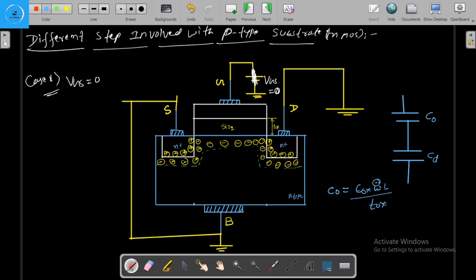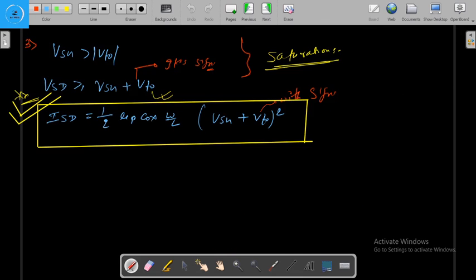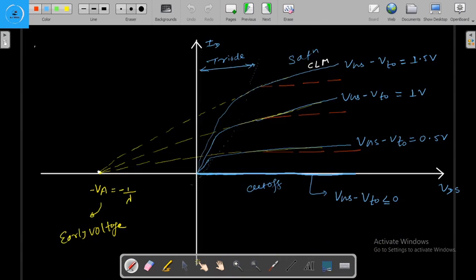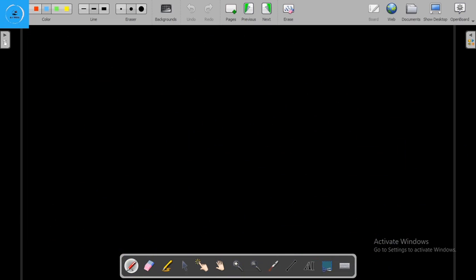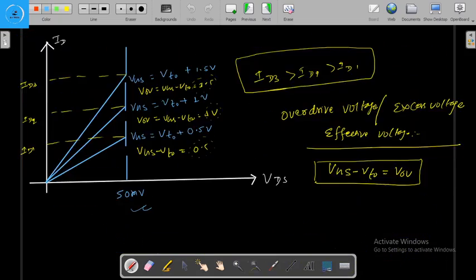What is this W? This is the width of the channel. Let's see here.